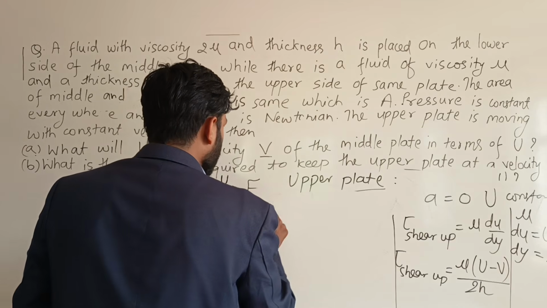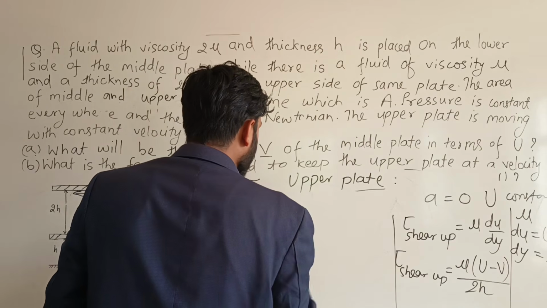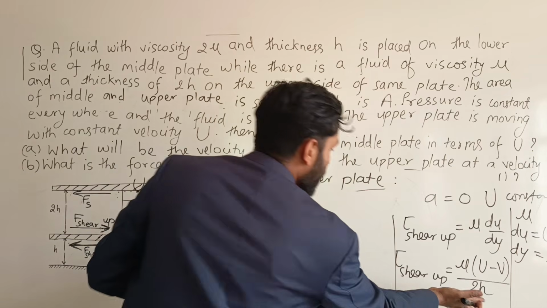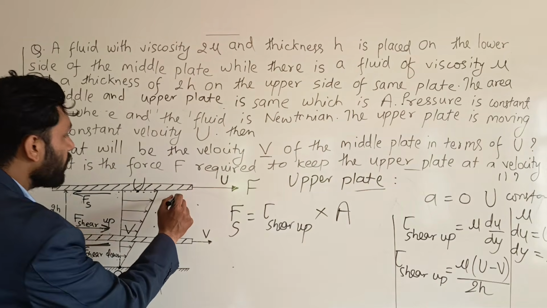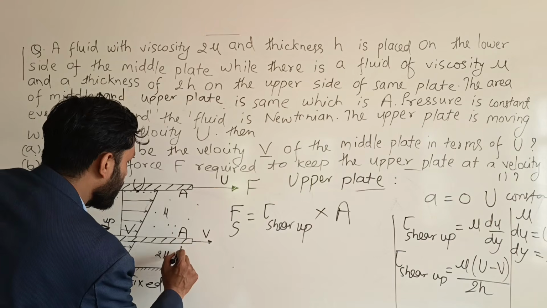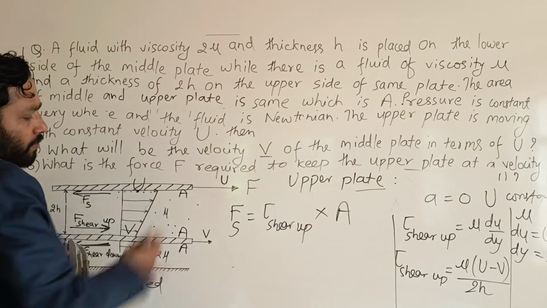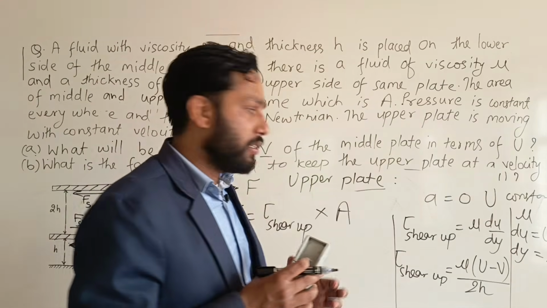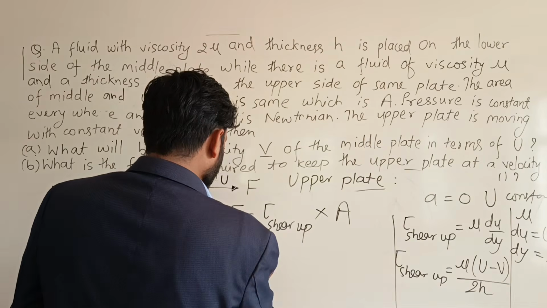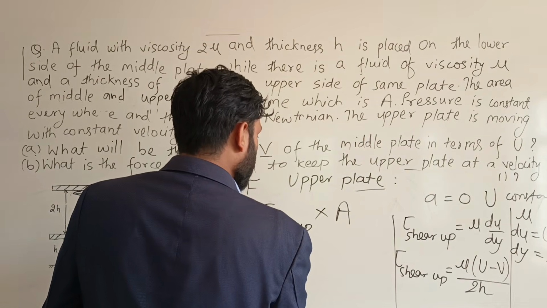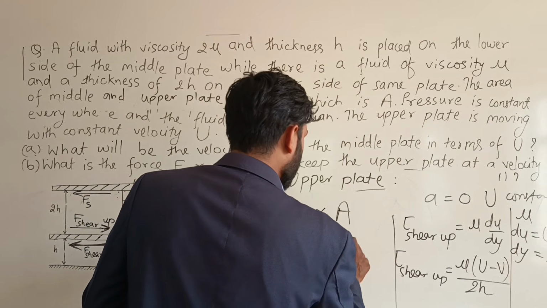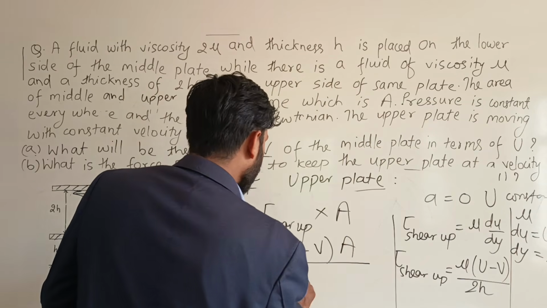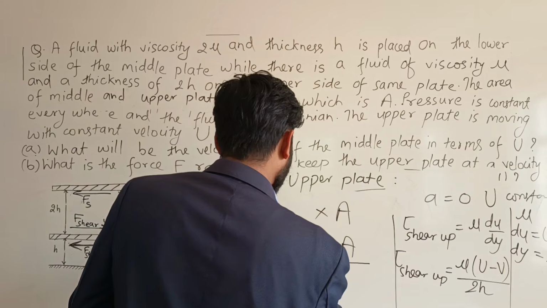Fs is equal to tau times area. The area A is the same for both the middle and the upper plate. So if you substitute, you get mu (u minus v) into A divided by 2h.